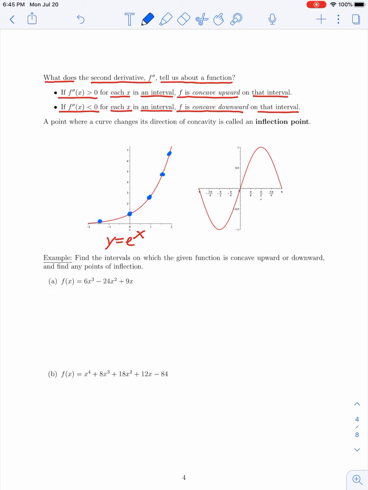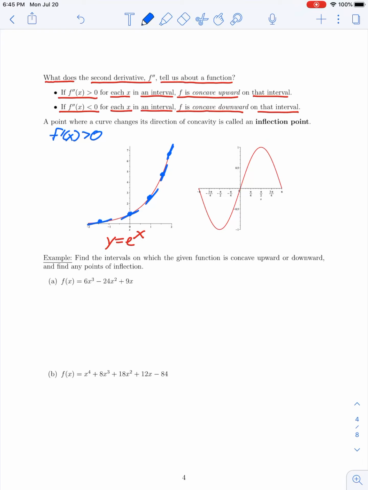So for any point that I choose on this curve, my tangent line to the curve has a positive slope. Therefore, the first derivative would be positive. Our function is increasing for all values of x.